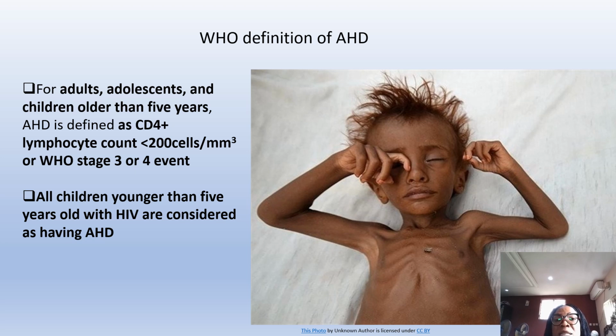In the picture you are seeing, the child is malnourished and immunosuppressed with different kinds of opportunistic infection. This can be a child with TB, or a child with severe bacterial infection. It's a whole group of infections that can invade an individual that is immunosuppressed.